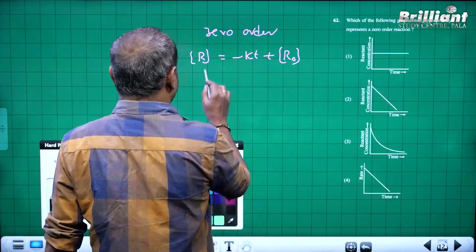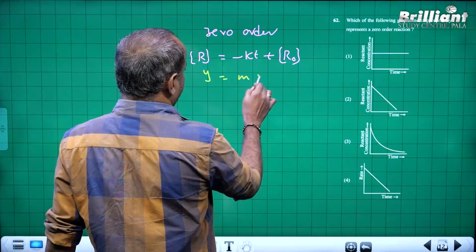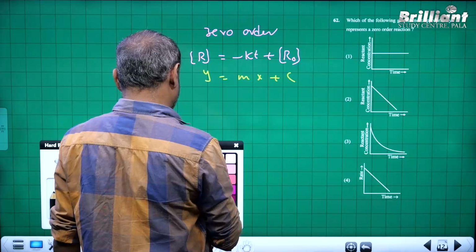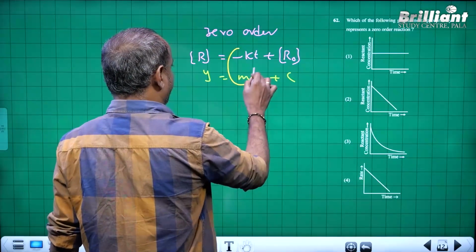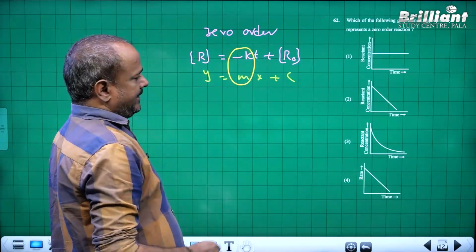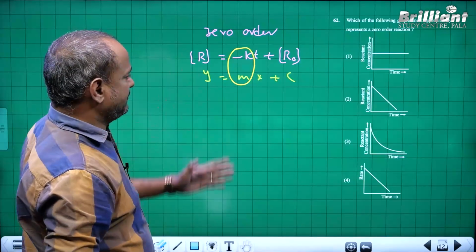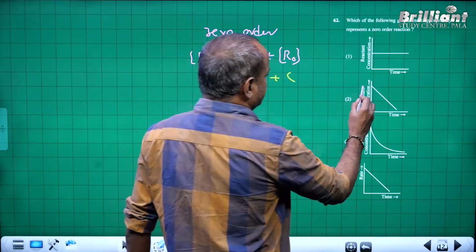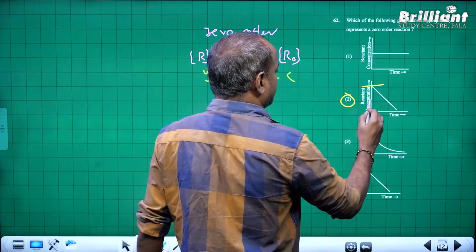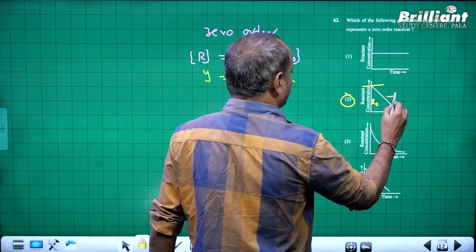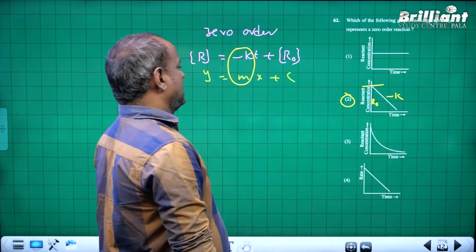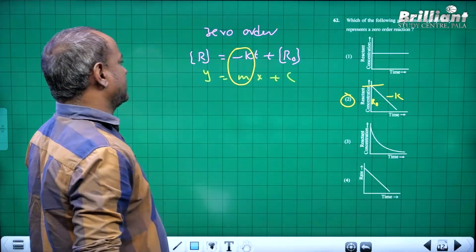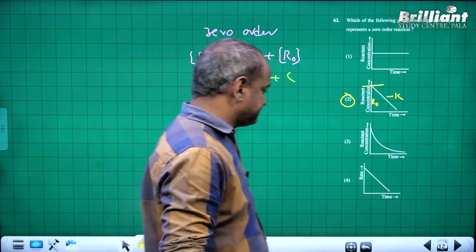Y is equal to mx plus C, so negative slope. X is time versus concentration of reactant. So negative slope, intercept of R naught. Option 2. Minus K, so direct graph only. Just R is equal to minus KT plus R naught.